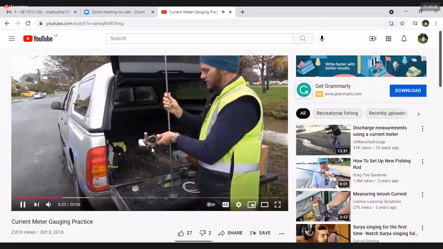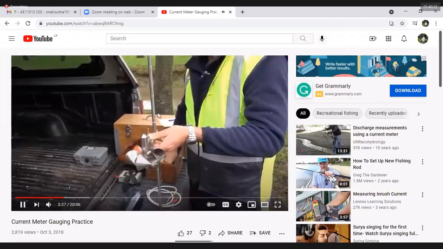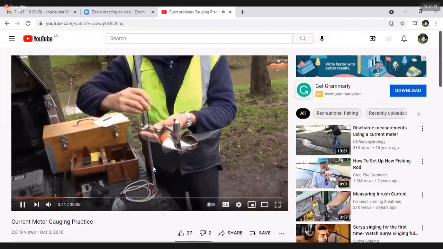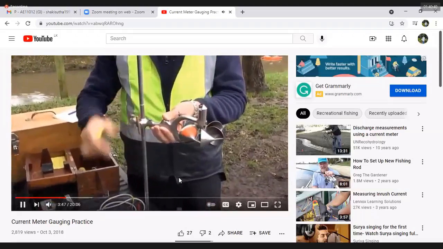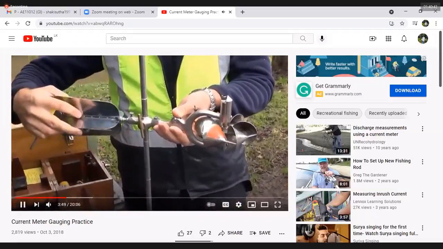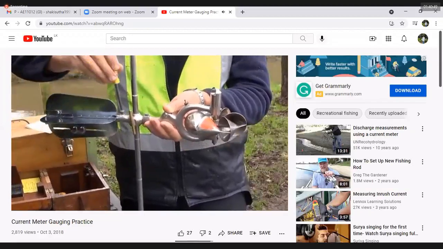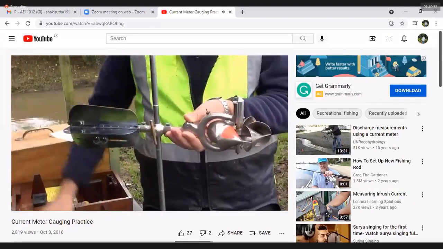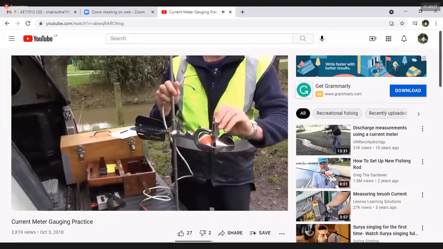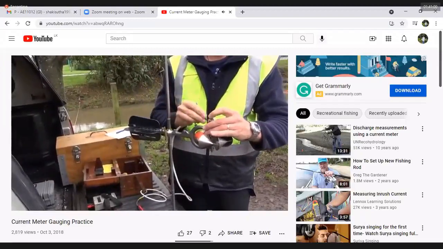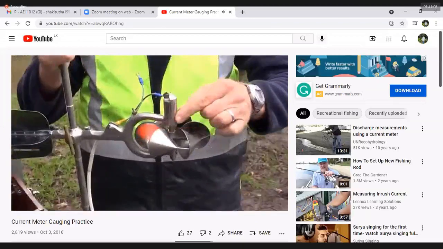See, this is the current meter, and now he is attaching the current meter to that measuring rod. This is the rod. Here, the zero starts from the bottom. Once he has attached the current meter, now he attaches the cables.